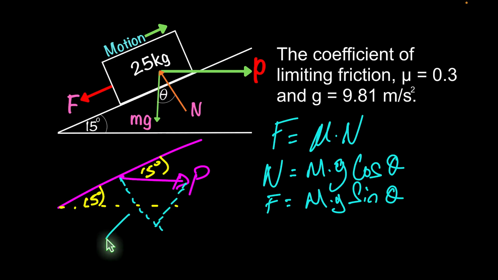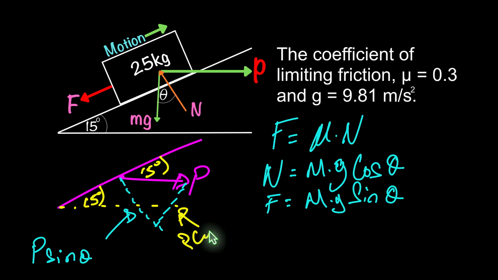And for this face right there, that's just going to be P sin, and then the angle, which we already know to be 15. And then the other face here is again going to be P cos, and then the angle. And that's all we really need in order to analyze and to work out that force for P that's going to just about get the system to start moving.